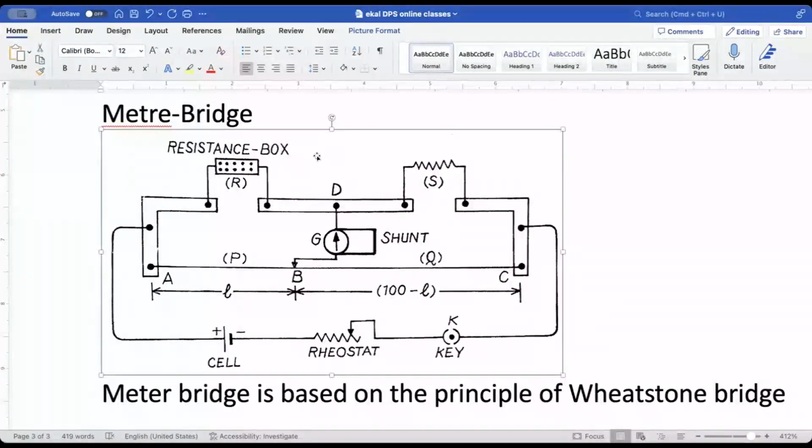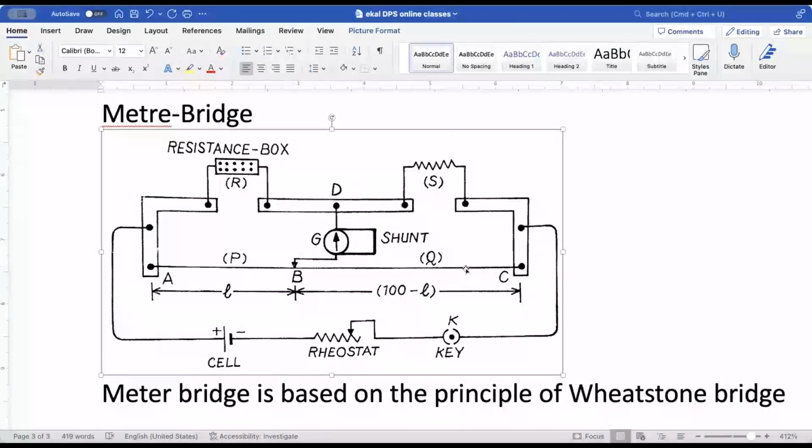Jockey B is connected through a shunted galvanometer. A shunt always provides lower resistance, and it is connected in parallel. The knob of the jockey can be made to touch and move on this wire anywhere.